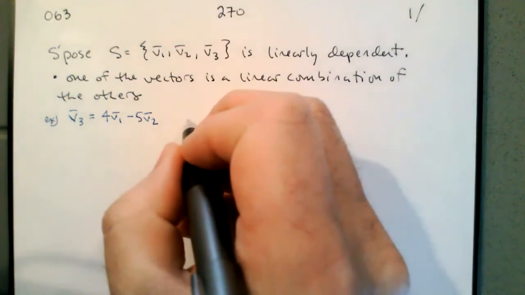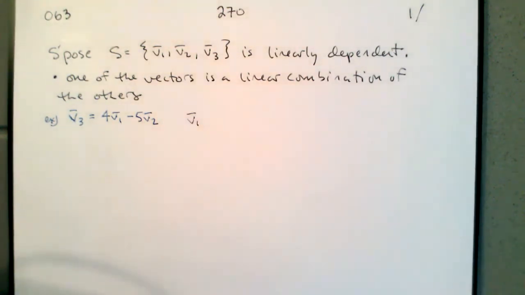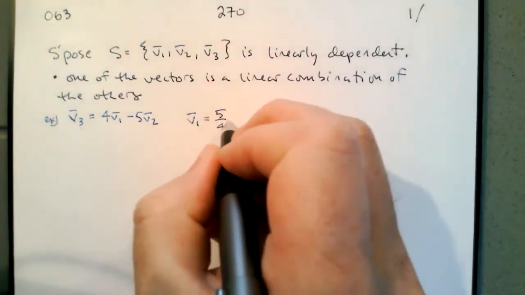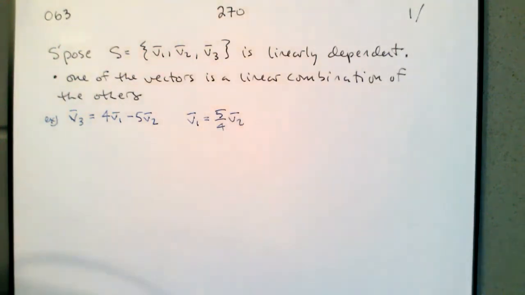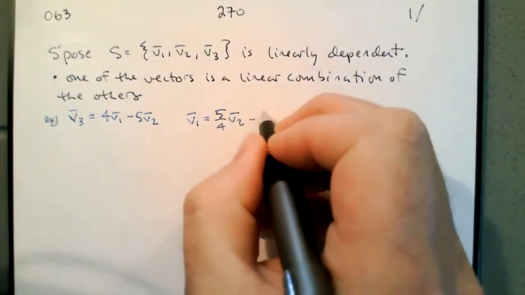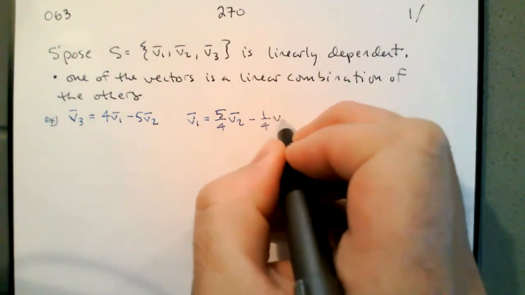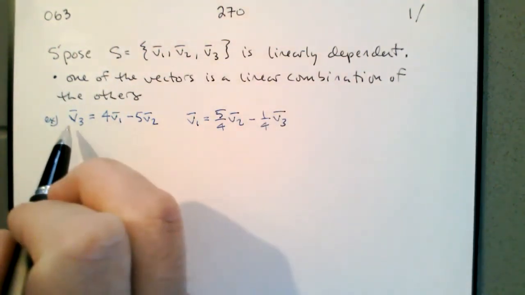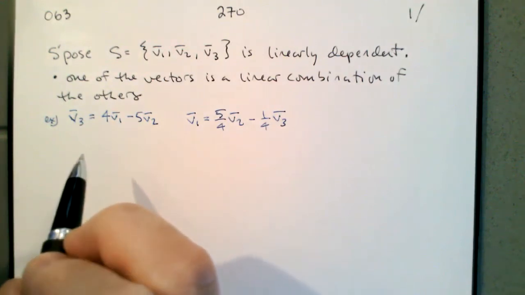So we can also say that V1, this is not the combination that we would come up with if we were solving an equation, but we could say V1 is 5/4 V2 minus 1/4 of V3. Just put the 4V1 over here, and then divide by -4.